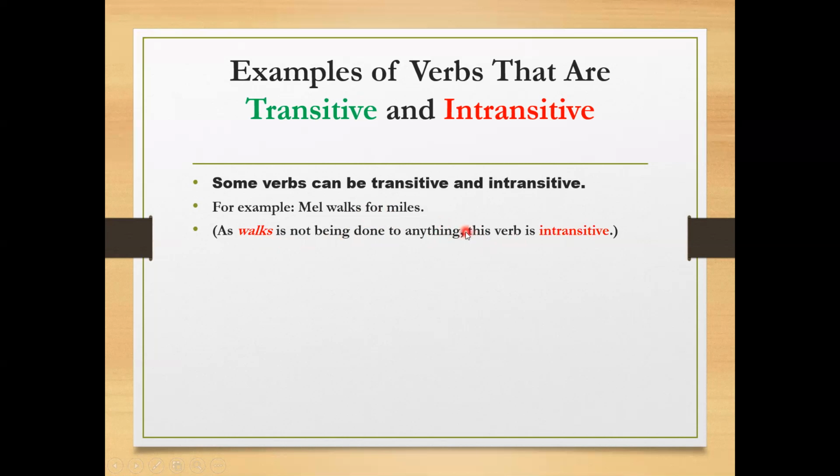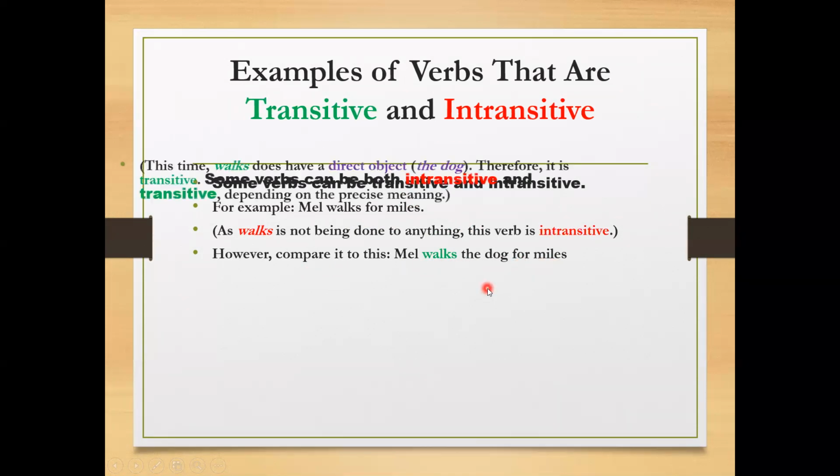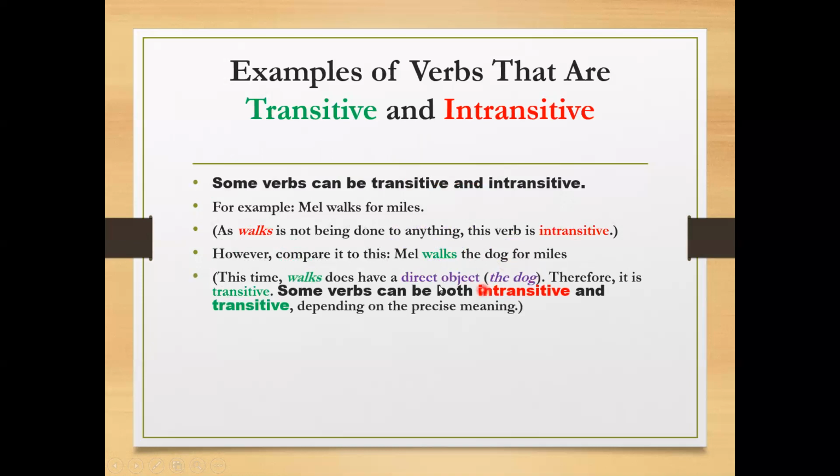However, compared to this, Mel walks the dog for miles. Now this is transitive. This time walks does have a direct object, the dog.